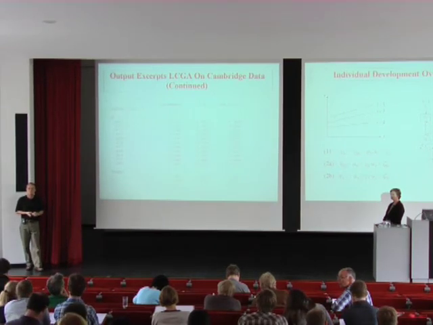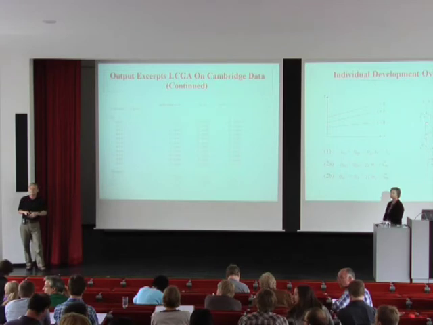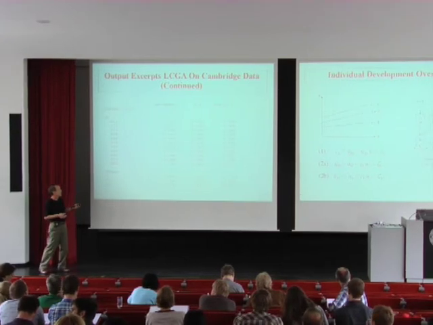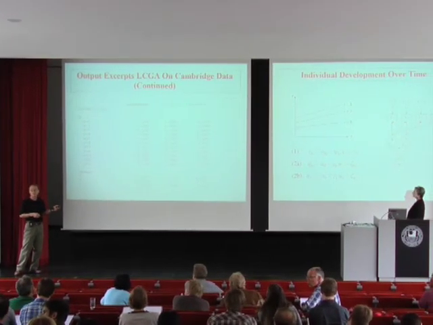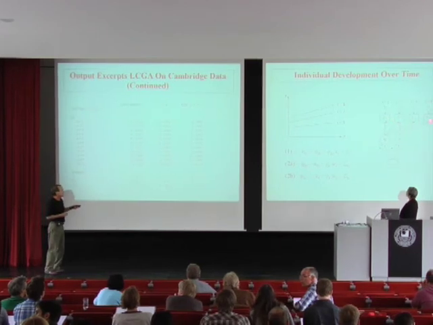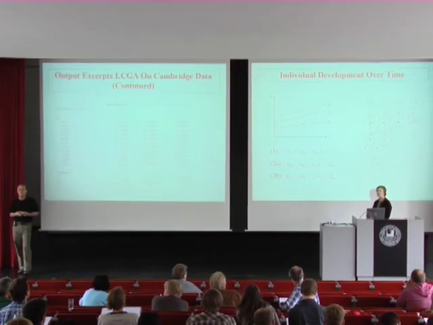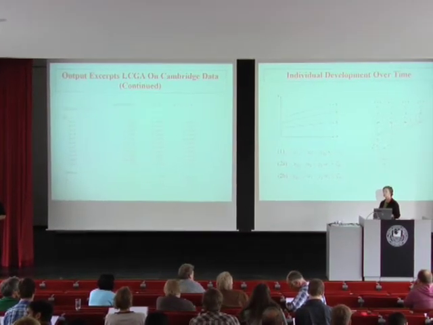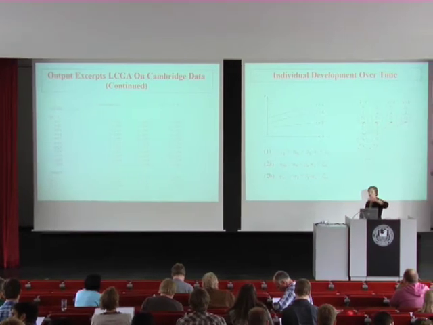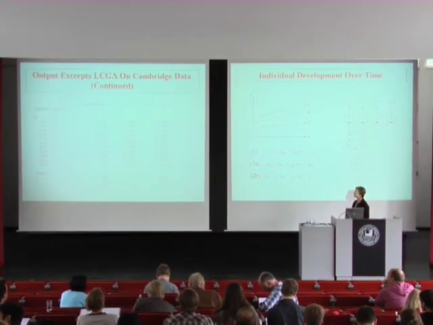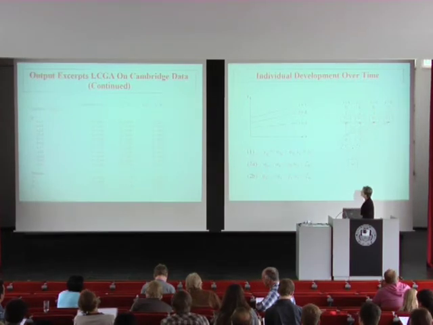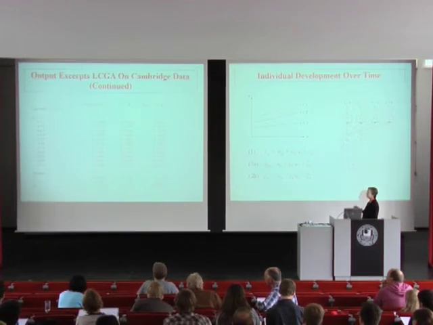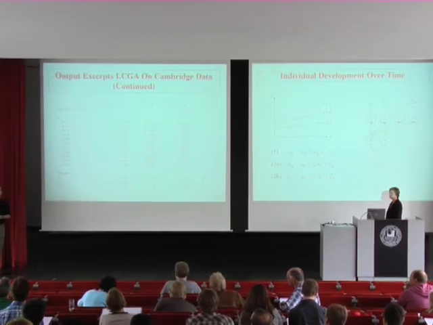Yes? Let's use the microphone for the others. How do you handle missing data in this case? How does Mplus deal with missing data, in latent class growth modeling? Do you mean missing a whole time point? Maybe one time point for an individual. We repeat ourselves here, but in topic 3 or topic 4, I can't remember which, we spent a couple of hours on missing data handling.